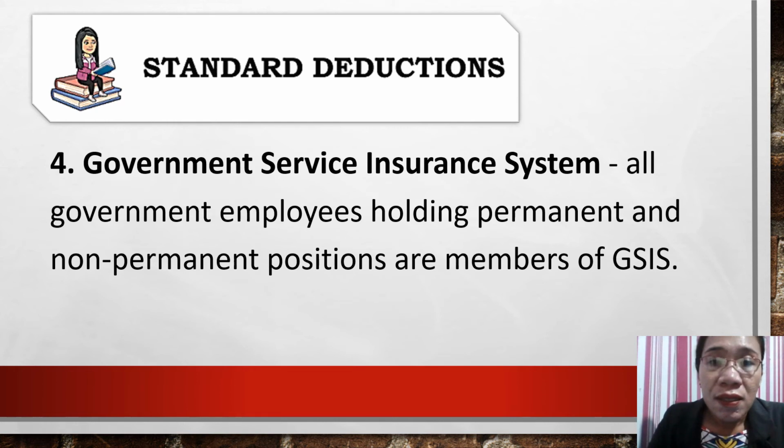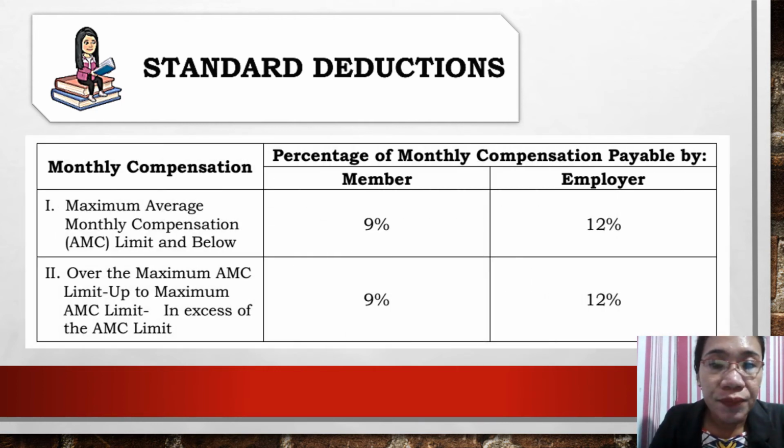So, Section 5 of Republic Act 8291 provides that it shall be mandatory for the member and the employer to pay the monthly contribution specified in the following schedules. I have here the schedule: the monthly compensation, percentage, member and employer.